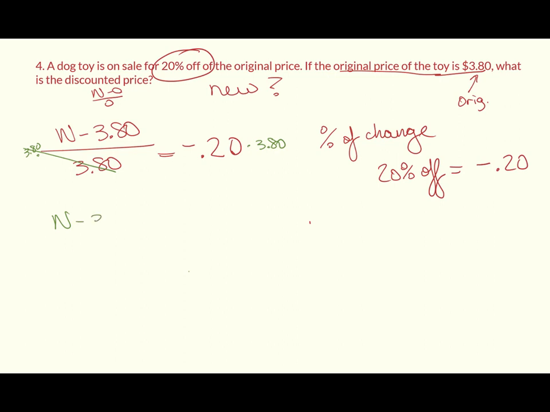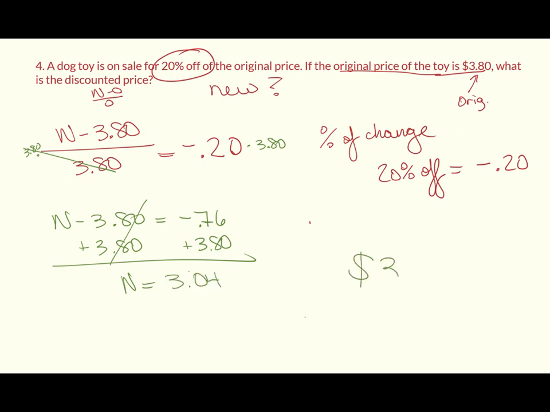You get new minus 3.80 equals, when you multiply that, negative 0.76. You add $3.80 to that, and you get the new price is $3.04. So that makes sense because if your original price was $3.80 and it's on sale for 20% off, you know it's going to be a lower amount, so it's $3.04.